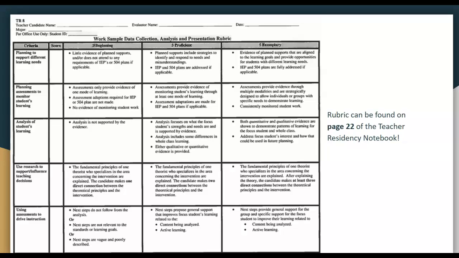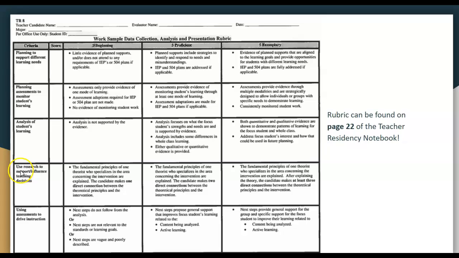Anytime you use percentages, those would be quantitative forms of evidence. Qualitative would be more of the observations that you're recording. This student really seemed to perform well or be engaged when they were working with a small group. Okay, or any sorts of quotes that you gather from students. Those would be examples of qualitative evidence.